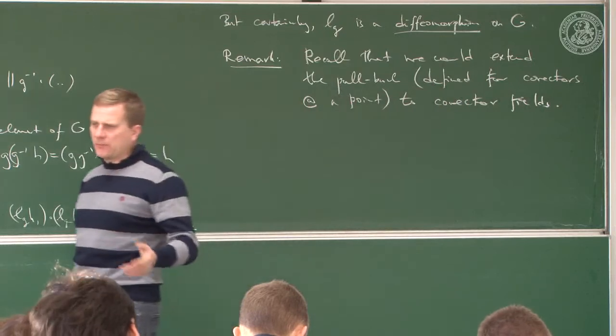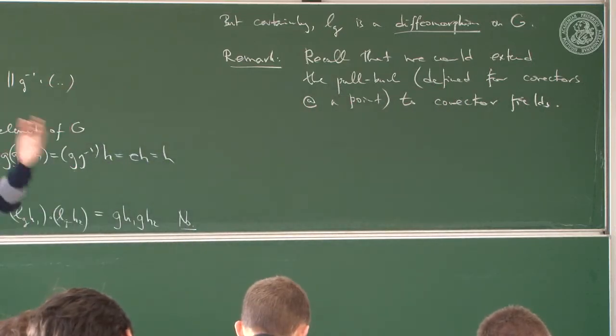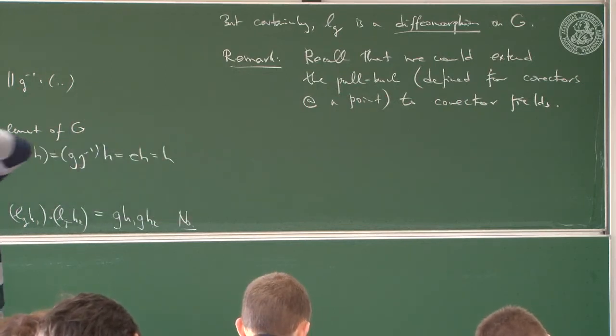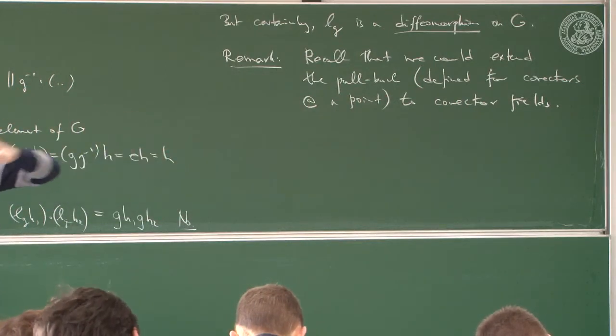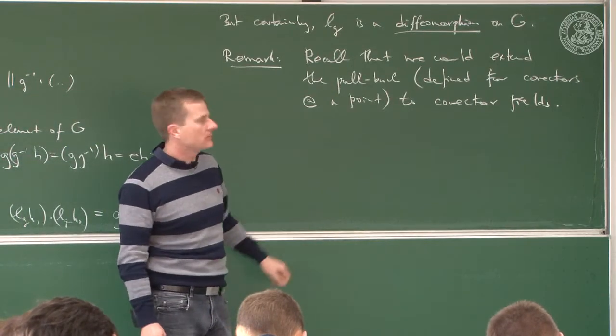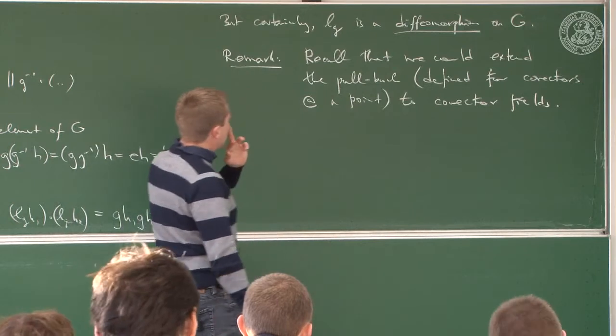Simply by saying we apply the pullback to every point of the target manifold, and we pull back the value of some covector field on the manifold. Okay?